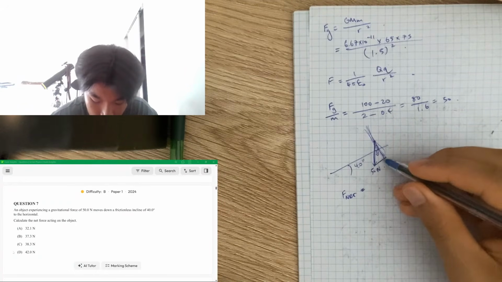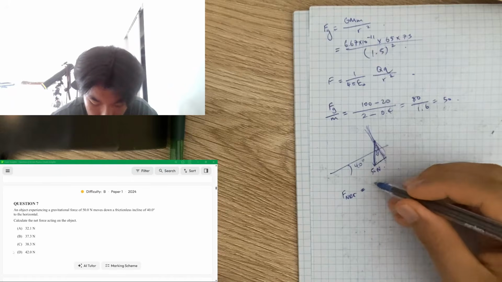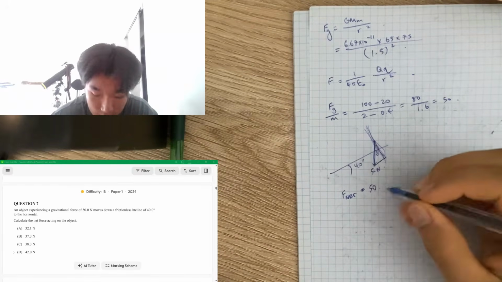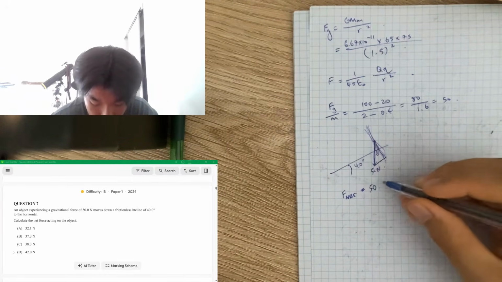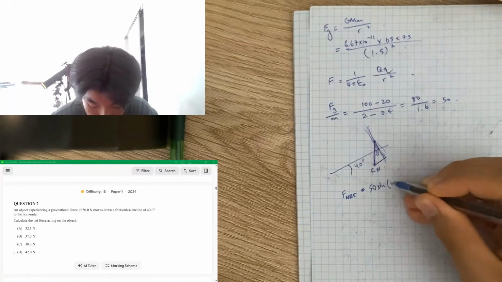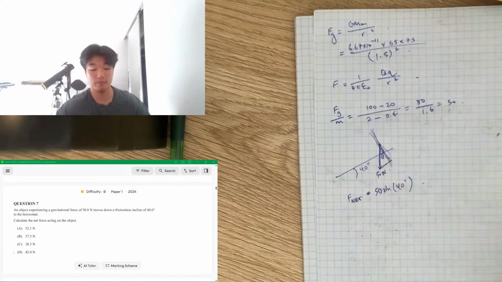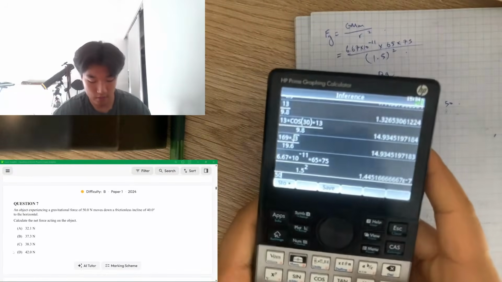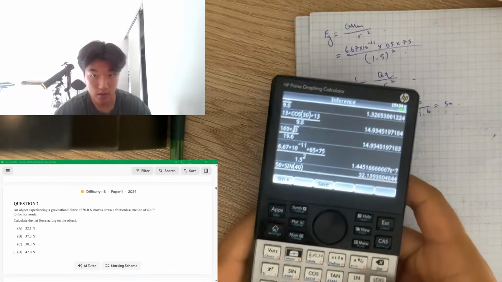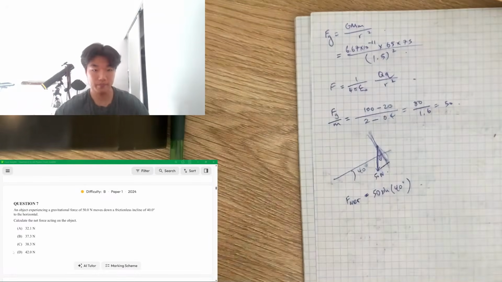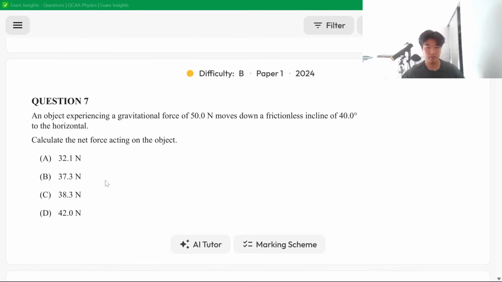So we're resolving it into parallel and perpendicular, but we're only after the parallel force in this case. This is actually sine of 40 degrees, even though it's the parallel, because the angle is up here. So 50 sine 40 degrees. It's going to be 32. It's A.